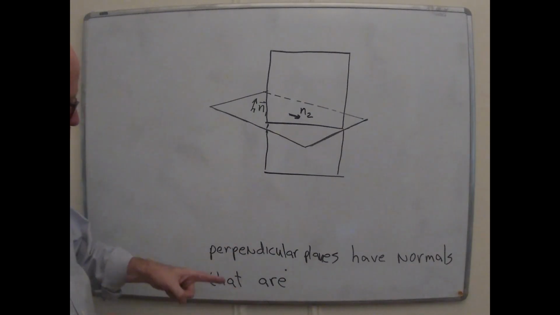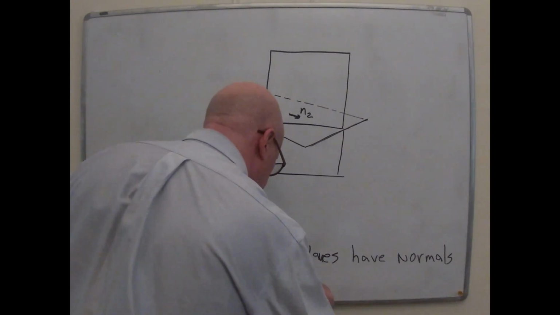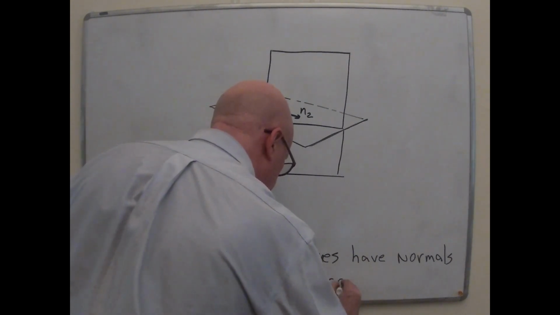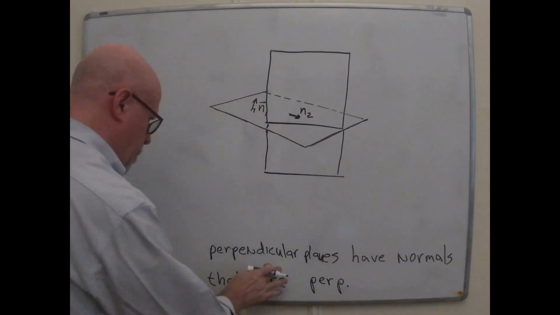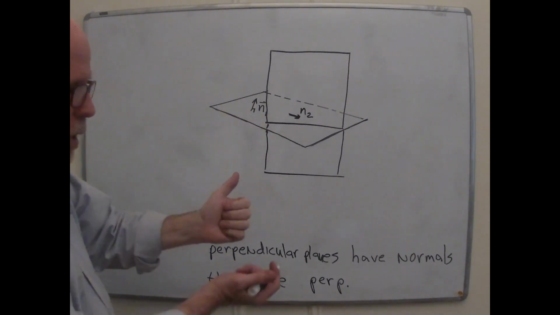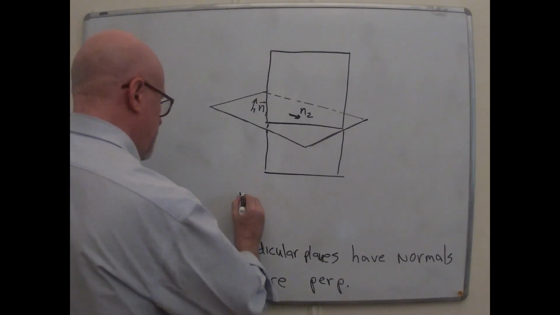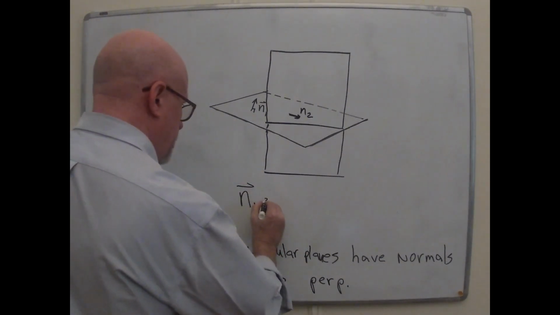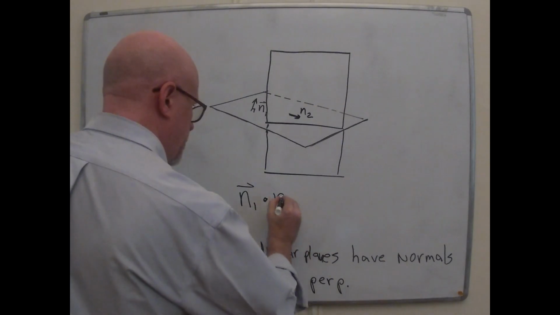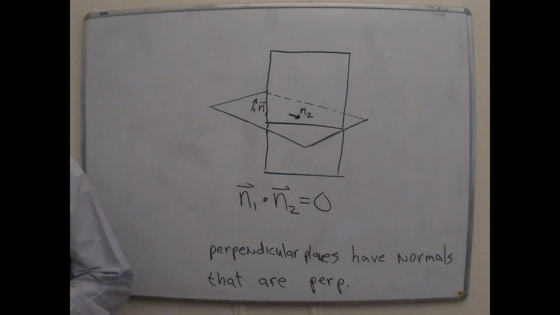Perpendicular planes have normals that are perpendicular. Let's just say because I'm trying to save writing. That means that N1 and N2 are going to be orthogonal vectors. That is, they have dot product 0. Well, that's pretty cool.